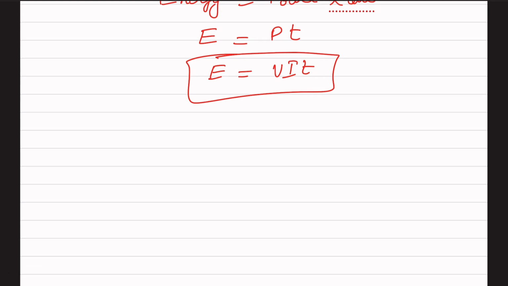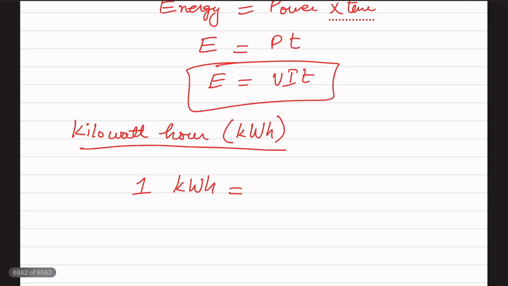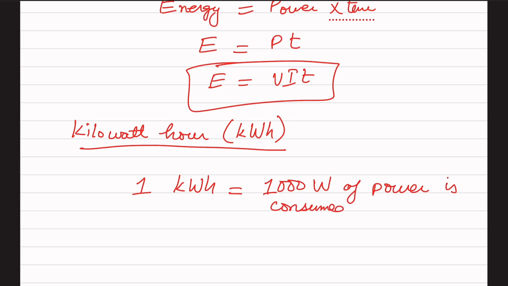That unit is called kilowatt hour, with the symbol kW h: small k, capital W, and small h. One kilowatt hour is the energy consumed if 1000 watts of power is consumed by an electric appliance for 1 hour.